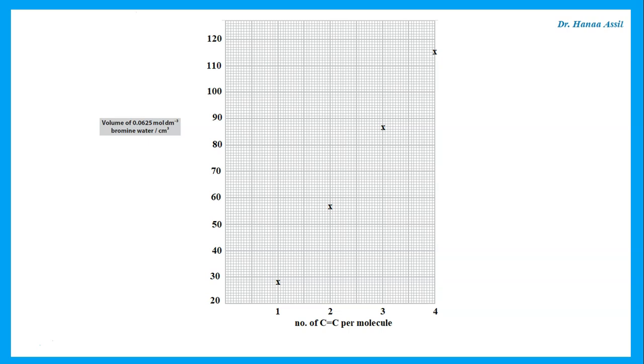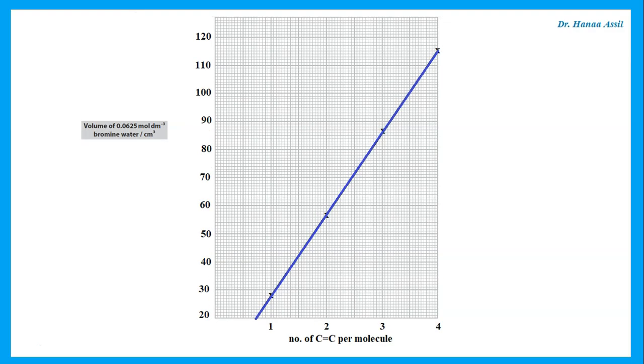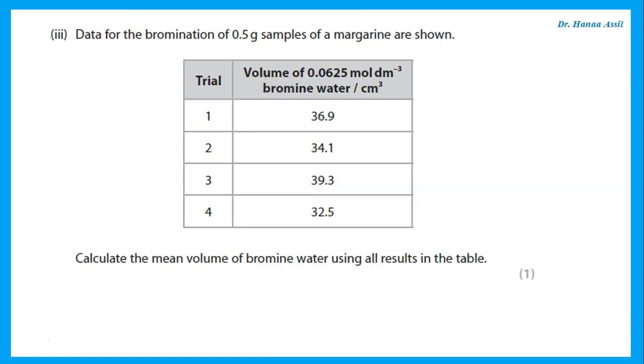So the number of carbon double bonds per molecule goes on the x-axis, the volume of bromine water per centimeter cubed on the y-axis. Distribute the numbers so that you use as much of the graph paper as possible. We are told to join using a straight line.